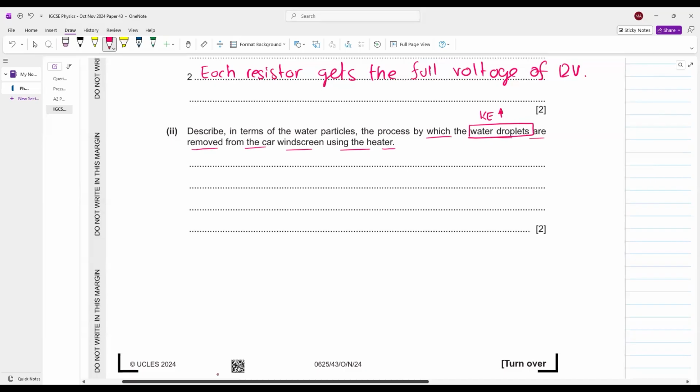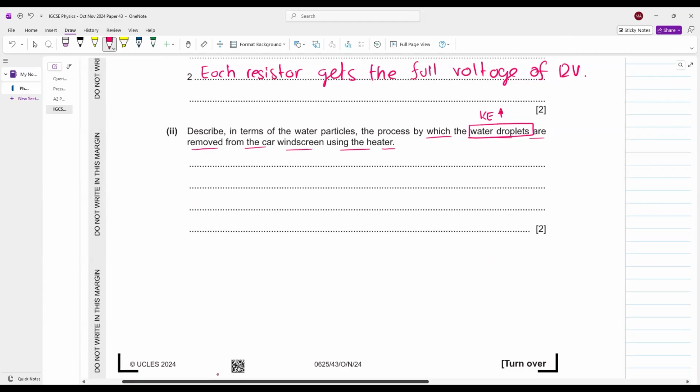As the kinetic energy increases, what will happen? The molecules with greater kinetic energy will escape from the surface, and this is how water is removed from the windscreen using the heater. So, how will you phrase this answer?